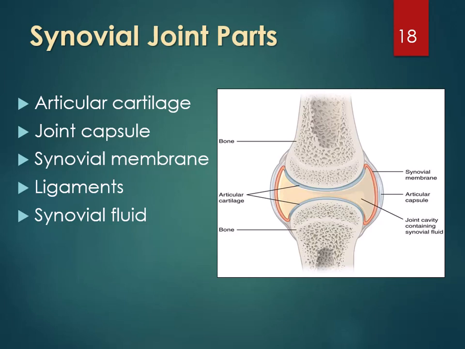Ligaments go over top of the joint cavity and attach a bone to a bone. Okay, so on the outside of the articular capsule here, you might have a ligament from the top bone over top of this capsule to the bottom bone. So that's the basic parts of a synovial joint.